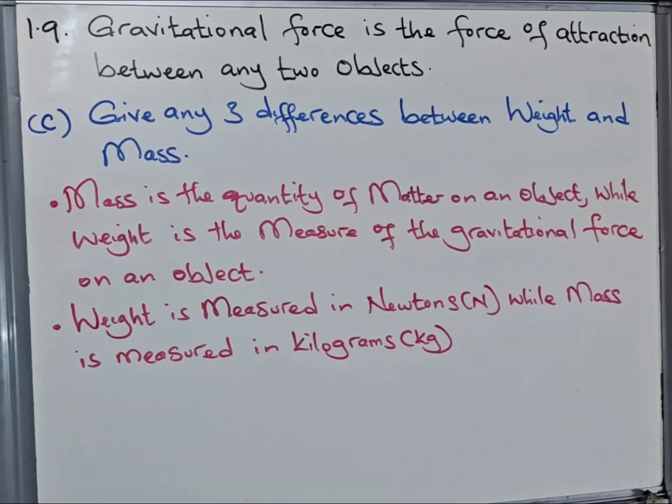So some places are closer to the core than others. So those places which are closer to the core, their weight is going to be higher compared to those places which are further away from the core of the Earth. So weight changes from place to place, while mass is constant.